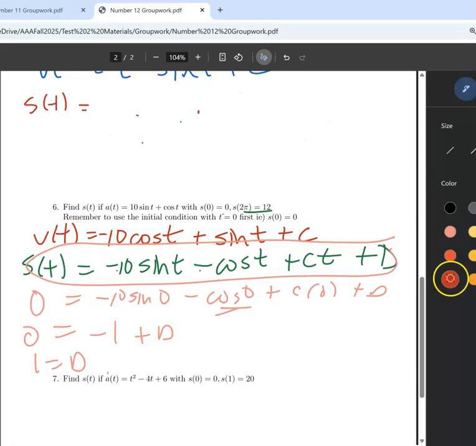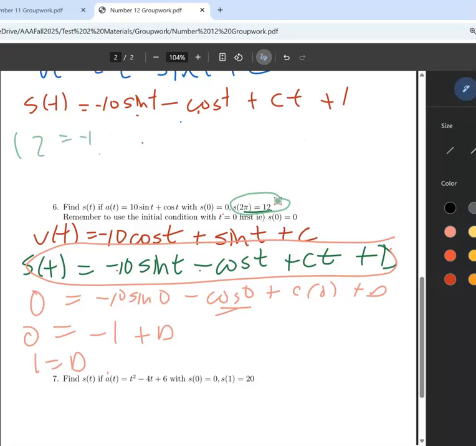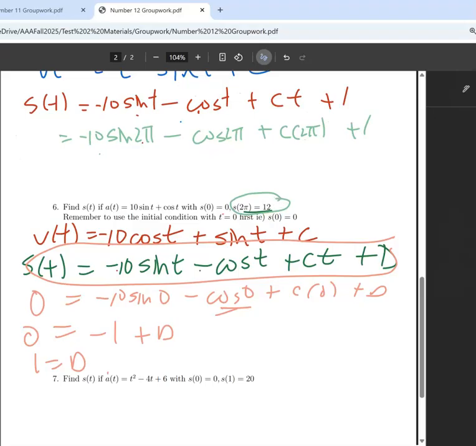S of t is negative 10 sine of t, minus cosine of t, plus ct, plus 1. Now let's go use this: s of 2 pi is 12. So I just set it equal to 12. I'm going to go slow so you see what I'm doing. I'm putting 2 pi in everywhere there's a t, plus 1. Okay, sorry, very messy. 12 over here, that's what they said it was.